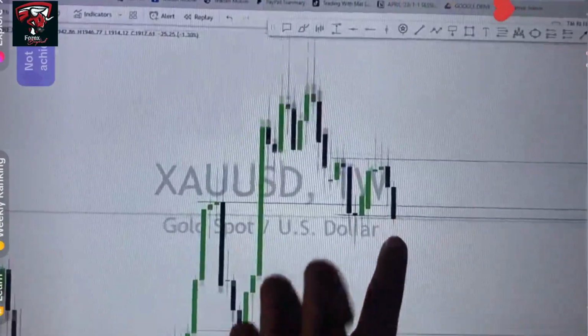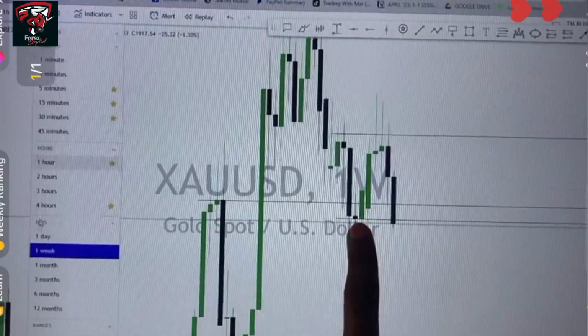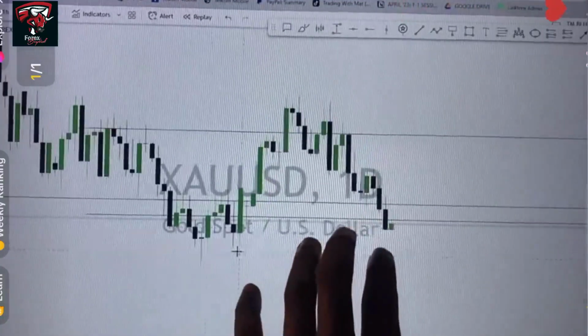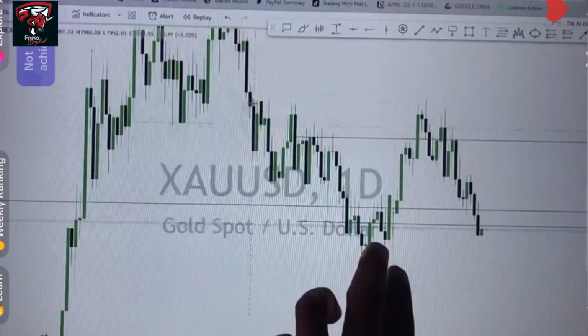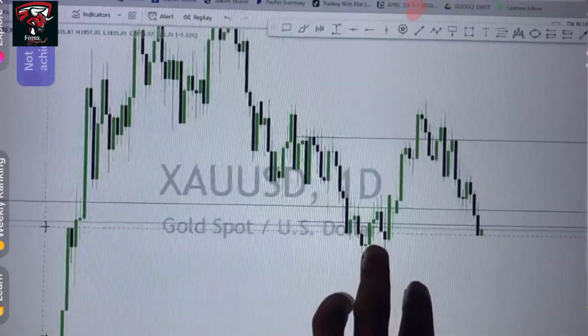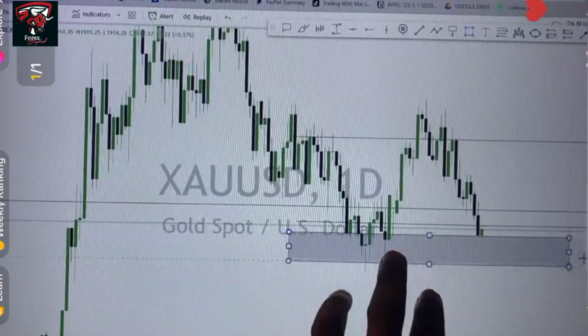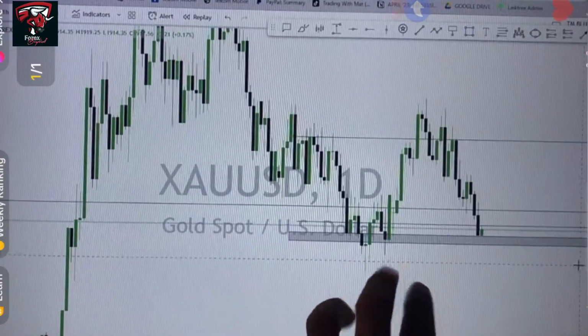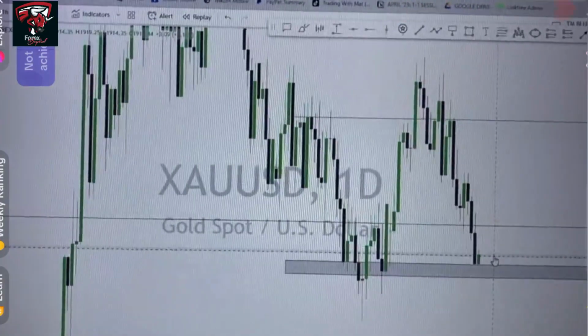Did the market close above or below this area on the daily? I hope gold is not the one to ruin all my analysis today. Okay, but what I can see is that we actually have a support area here. All right, so let me forget this for now.